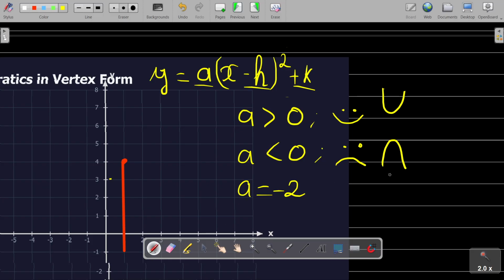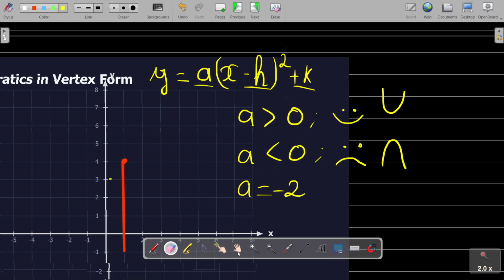So it opens downward. And the magnitude is 2, which is greater than 1, so it is narrower than the standard parabola. The standard parabola is y equals x squared, which is pretty wide, but this will be more narrow.